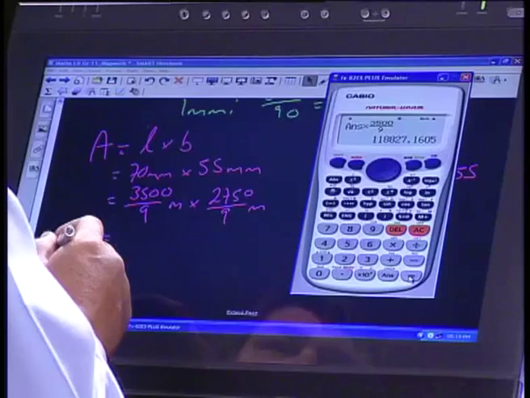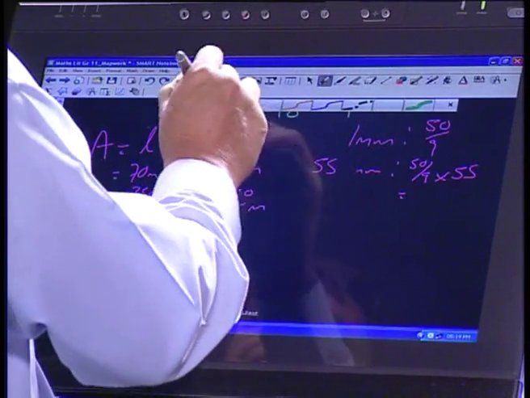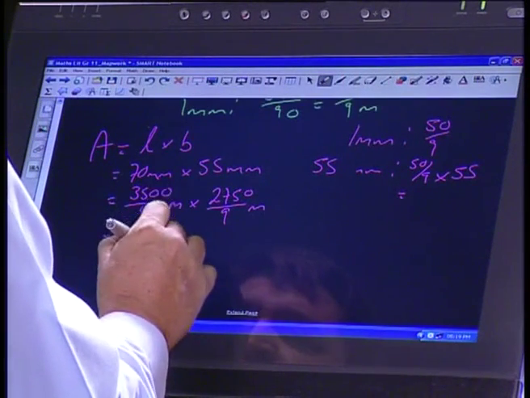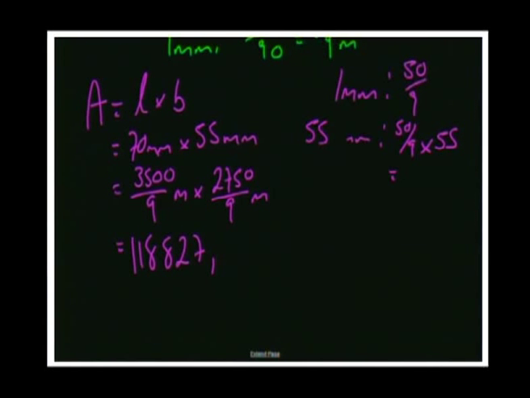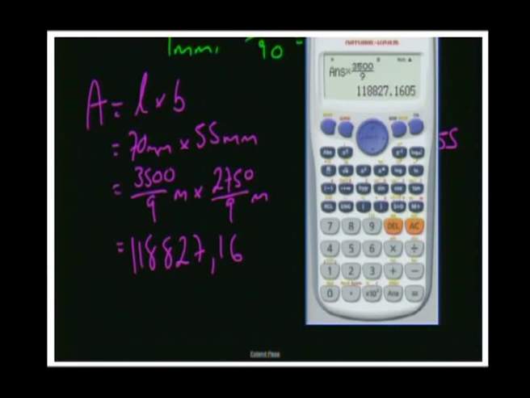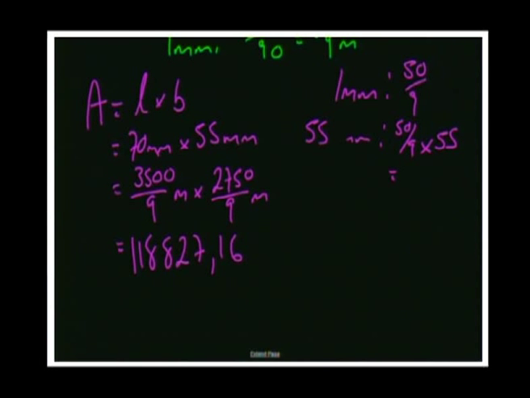So let's write this down. 118,827.16 what? Meters squared, because we're dealing in area. Okay, great. So we found out the area of one block.